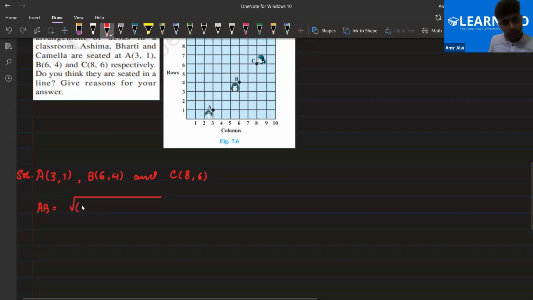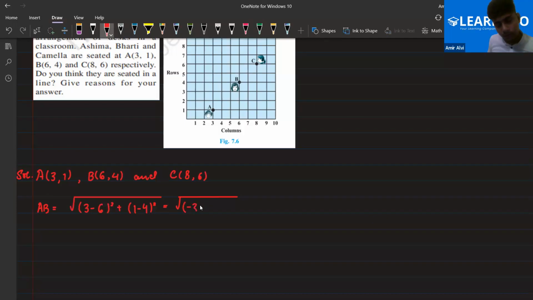Okay. So that is 3 minus 6 whole square plus of 1 minus 4 whole square. So under root of 3 minus 6 is minus of 3 whole square plus of minus of 3 whole square.